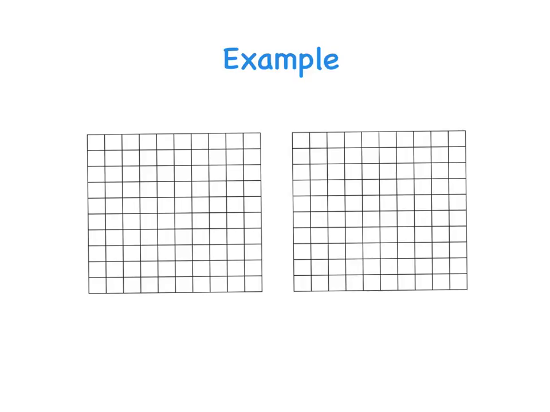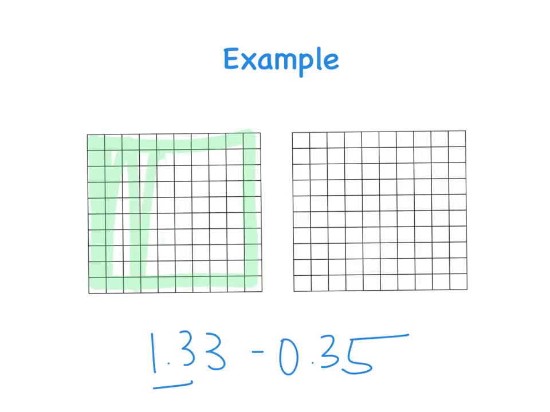Let's look at another example together. This is going to be another subtracting example, and the problem is 1.33 minus 0.35. What's different about this one is you'll need 2 hundredths grids, since this first number is more than 1. Again, first shade in your first number. I'm going to shade in 1 whole hundredths grid here, and then 33 hundredths: 10, 20, 30, 33.